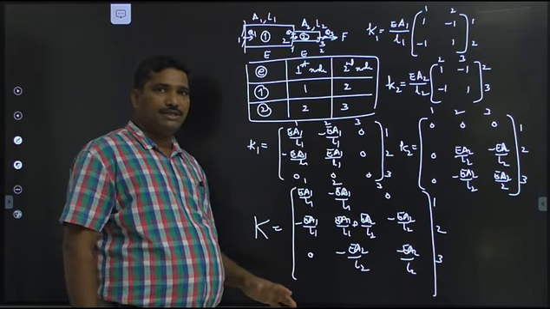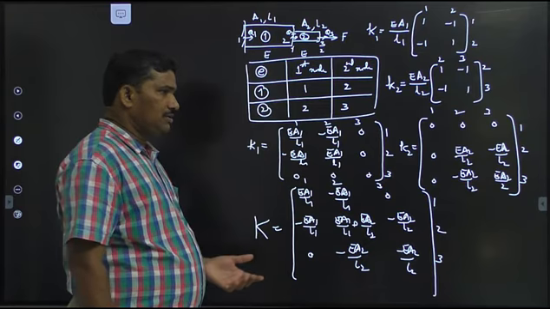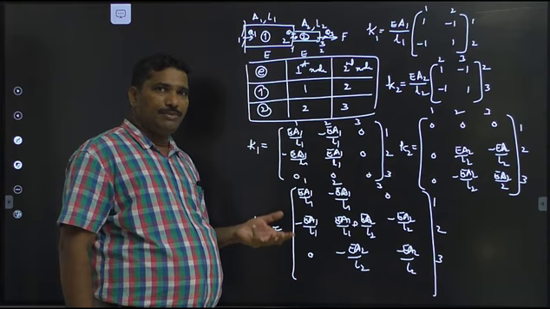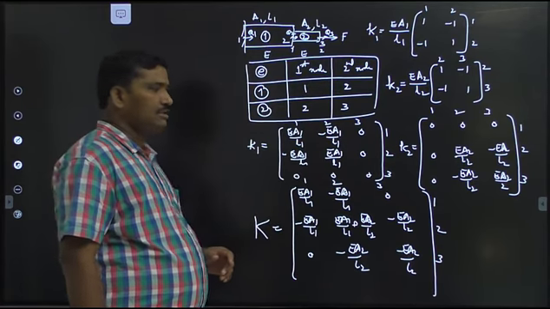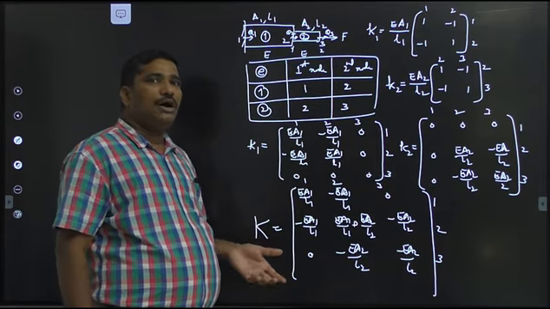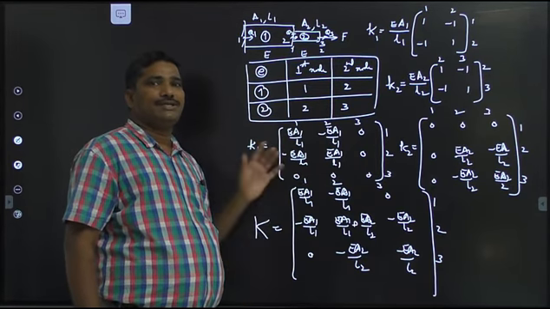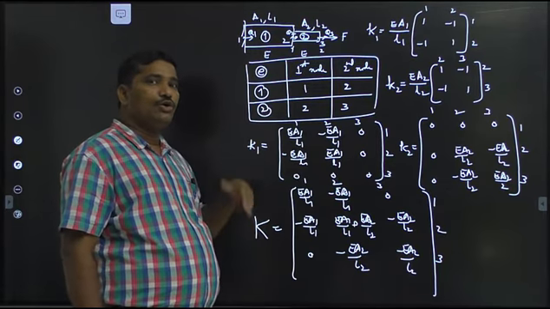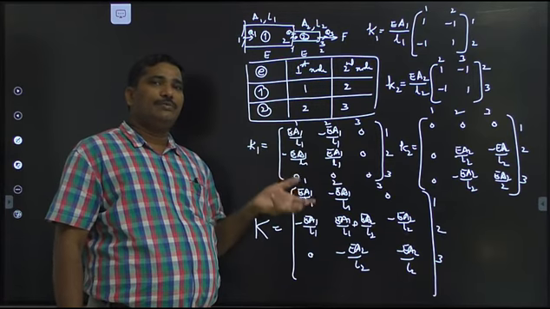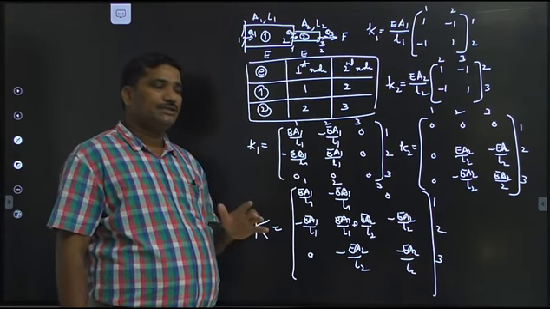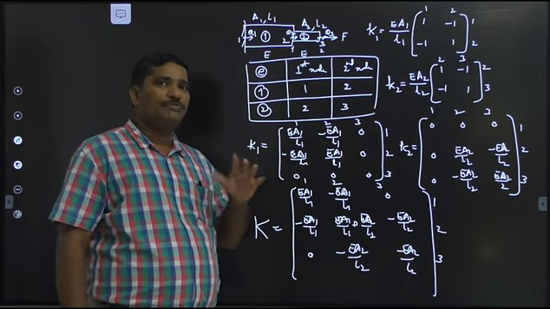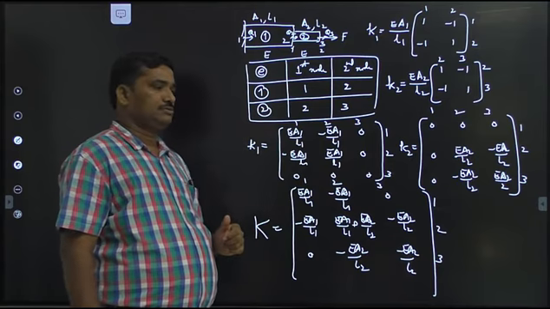What have we learned in this particular class? We have learned about the element body force vector and the element traction vector, and we also learned how all element stiffness matrices are assembled to have the global stiffness matrix. The element body force vector results from the work potential due to body force.